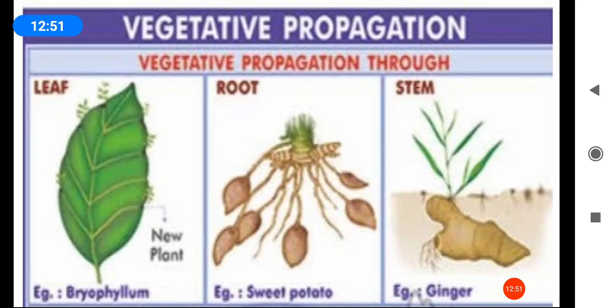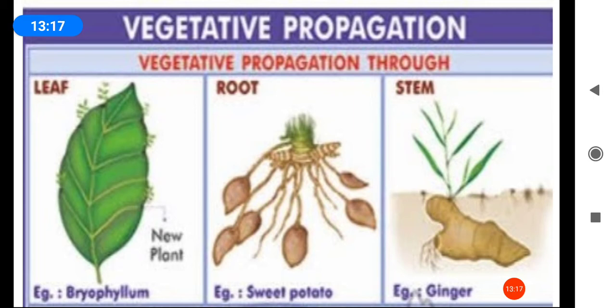First, vegetative propagation. What are the vegetative parts of the plants? Leaf, root, stem. These are the vegetative parts. When these vegetative parts grow into a new plant, this type of reproduction is called vegetative propagation.